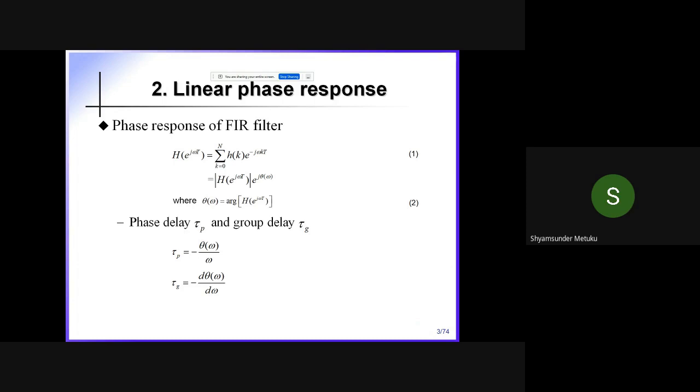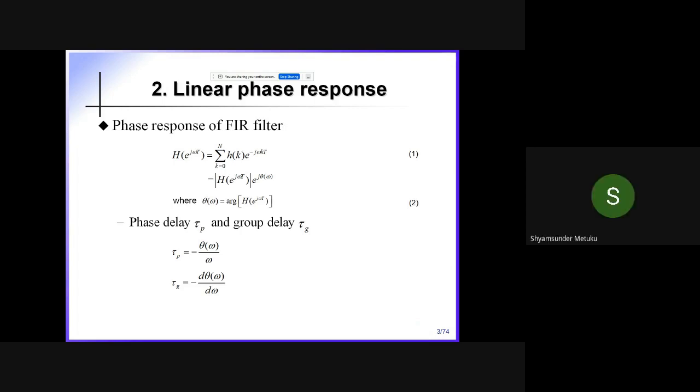Here theta omega is equal to omega into tau p, no? Other way, if you write theta omega is equal to minus of omega into tau p, can I write that way? Yes, sir. So in that case, y is equal to mx plus c. Mathematical equation you remembered? Linear equation. Say y is equal to mx plus c, c equal to 0.